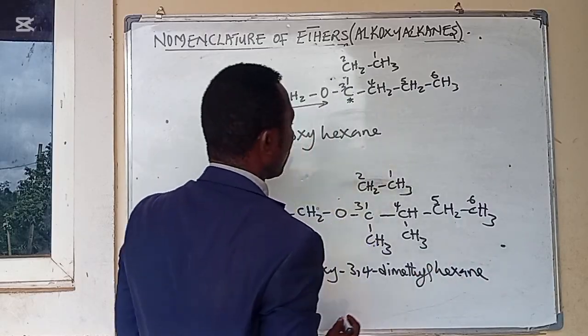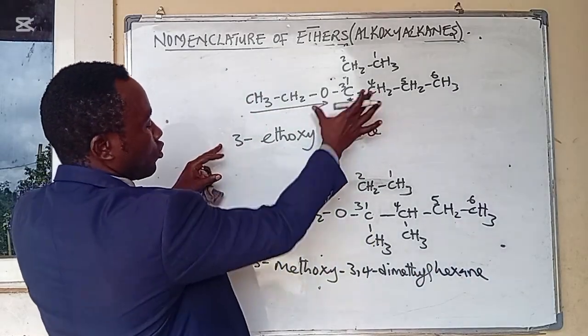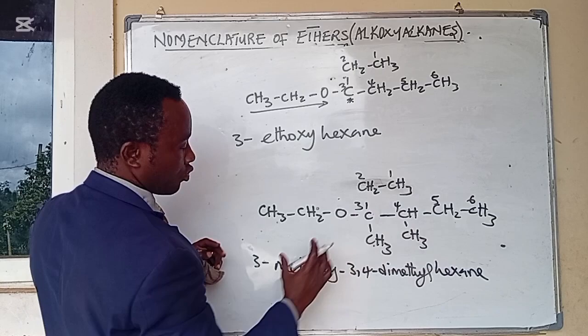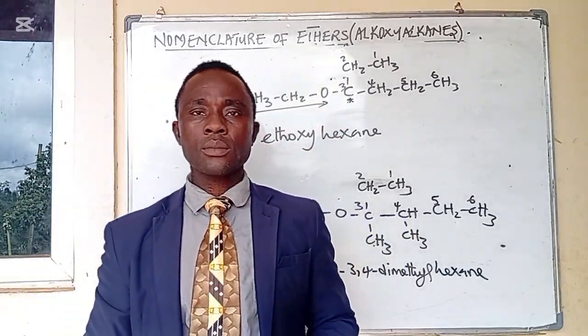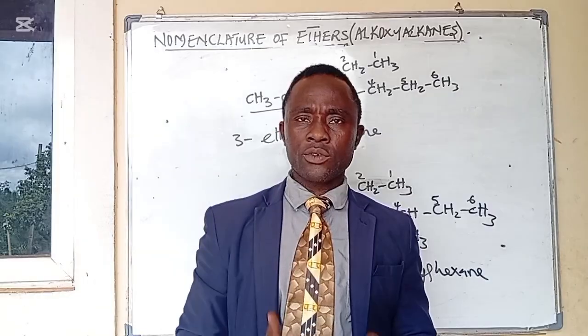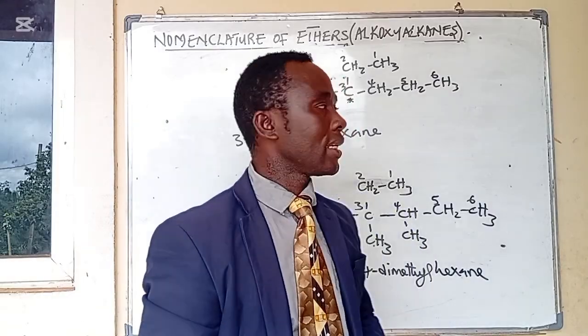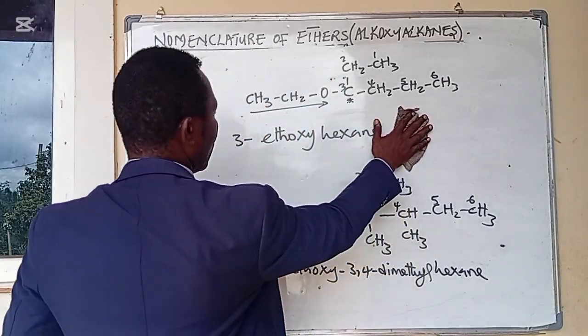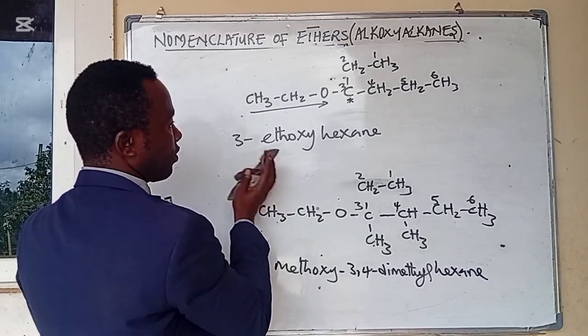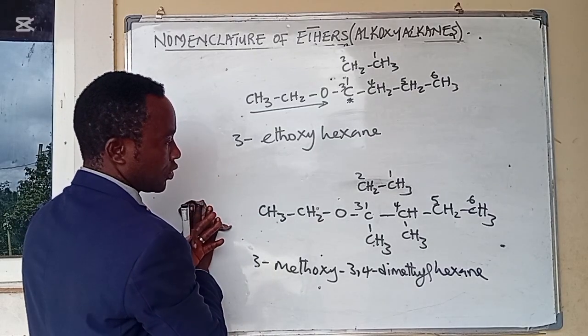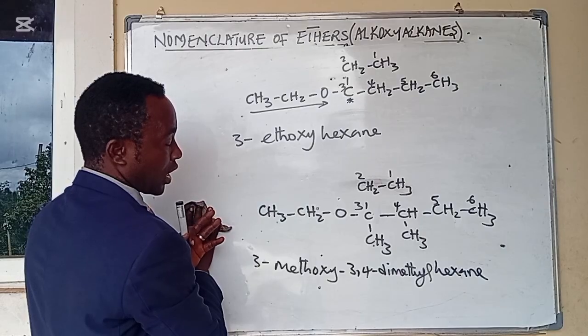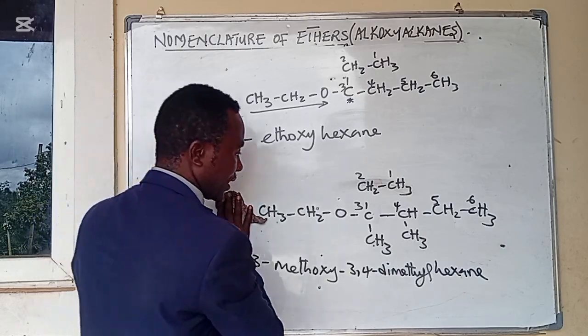hexane. So with this, there is no substituent. But what we have here, we have substituents. Now, when we have 2 or more different substituents, we must name them alphabetically. So it's possible for us to have 2 or more substituents so that we can name alphabetically.